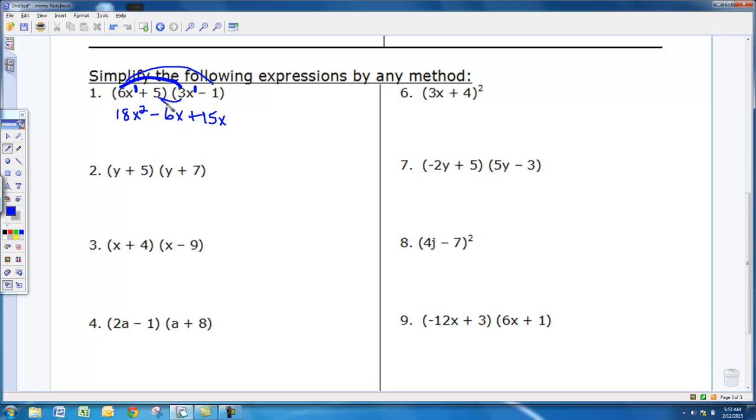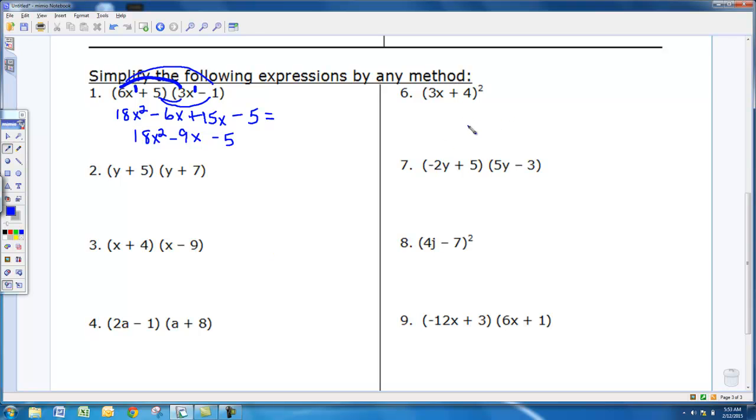And now the last. 5 times negative 1 gives us negative 5. Combine like terms together, negative 6x and positive 15x gives us positive 9x. Bring down everything else. And that's our answer.